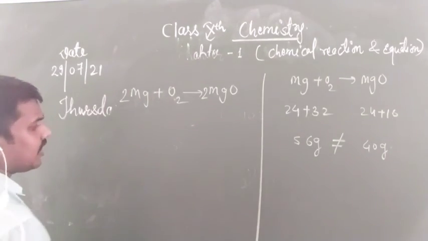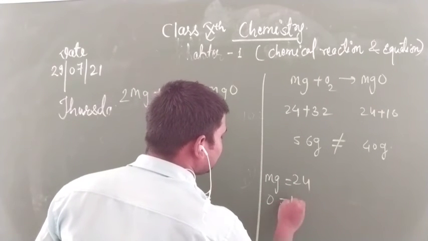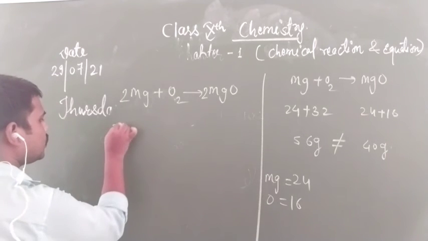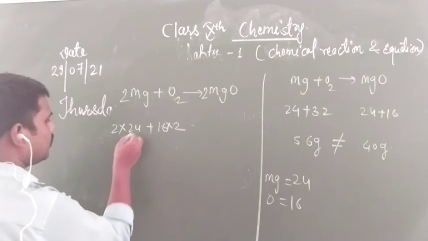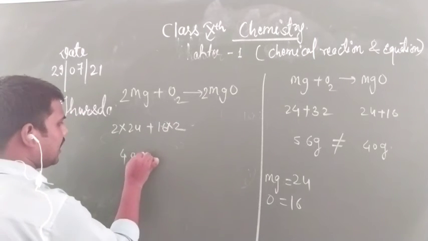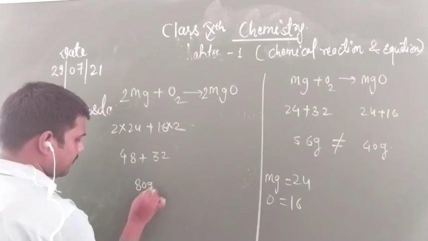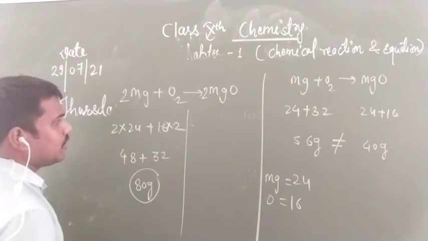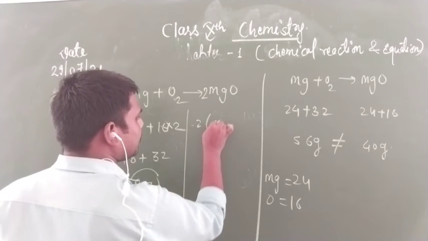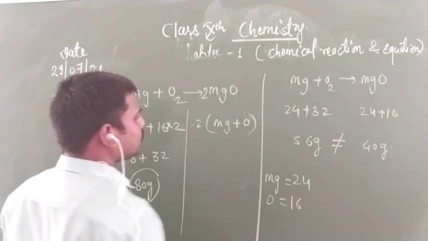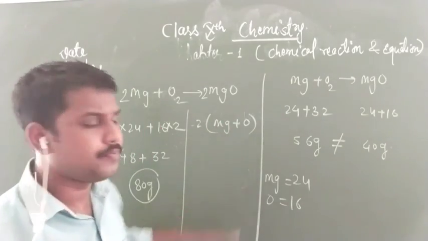In the reactant, children, I told you the atomic mass of magnesium is 24 and oxygen is 16. So 2 into 24, and oxygen 16 into 2, this will be 48 and this will be 32. It gives 80 gram. Now in the product, 2 into magnesium plus oxygen; when different elements come, we put a plus sign.